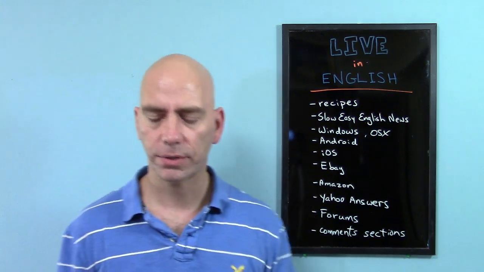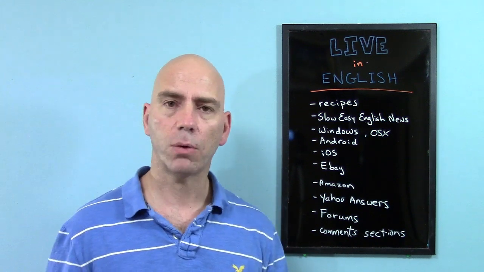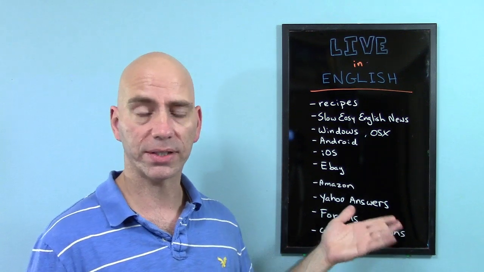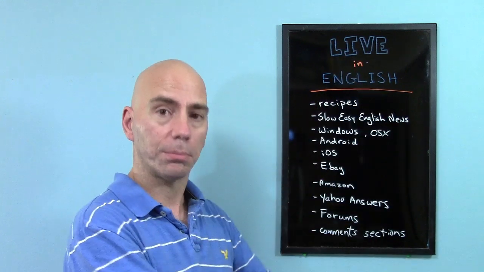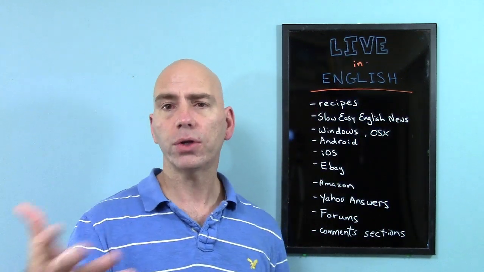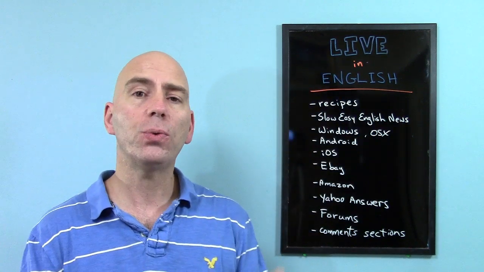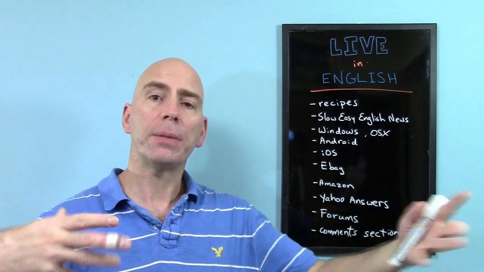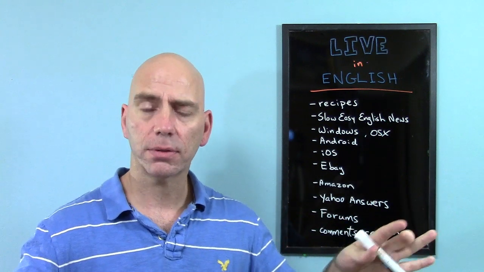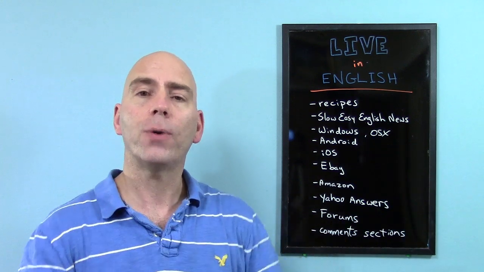Yahoo Answers. If you don't know what this is, it's a website. Of course, Yahoo. It's on the Yahoo portal, but it's a site where you can go and ask any question you want, and other people, okay, not experts, just regular people, can answer your question.